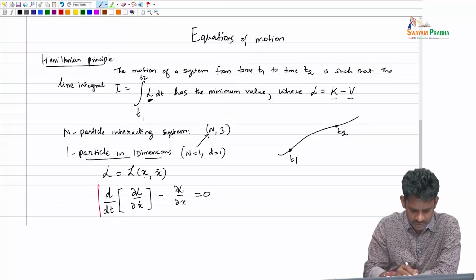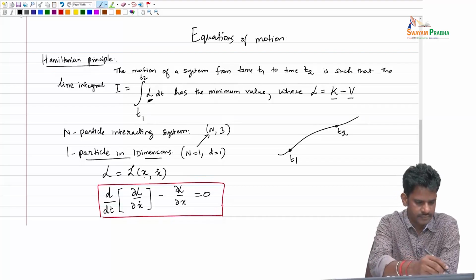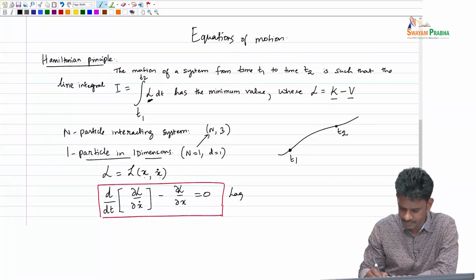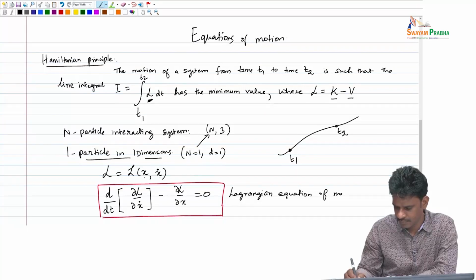So, this is called the Lagrangian equation of motion. And this is applicable for a single particle in one dimension.